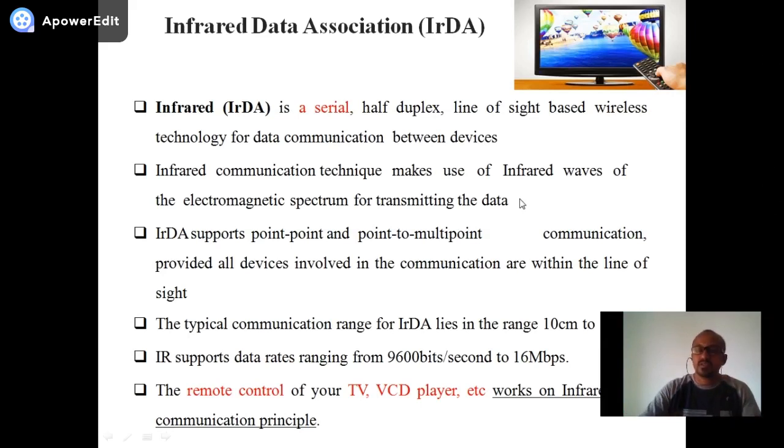It is mostly half duplex, one-sided communication. The best example is the TV remote, where we use the IrDA communication protocol: when we send infrared signals by pressing the buttons in the remote, we always have to hold it pointing at the receiver of the TV for the remote signals.